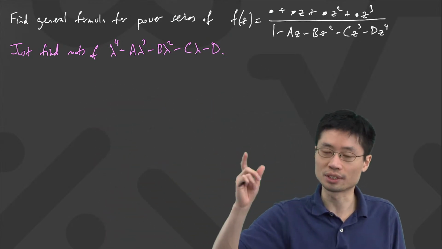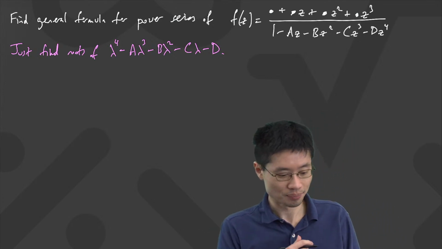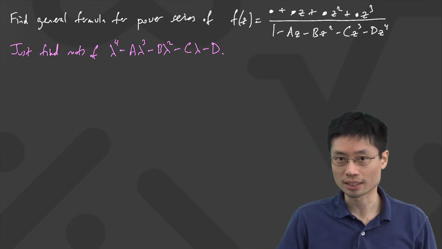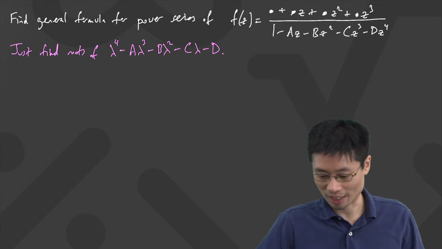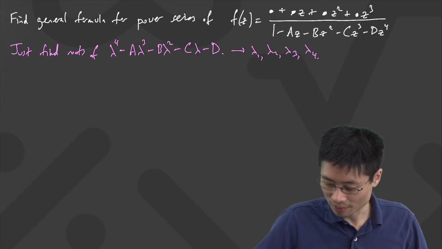There was this 1 over z trick, which you can also get from the previous thing. And if you found these roots, we got some lambda 1, lambda 2, lambda 3, and lambda 4.